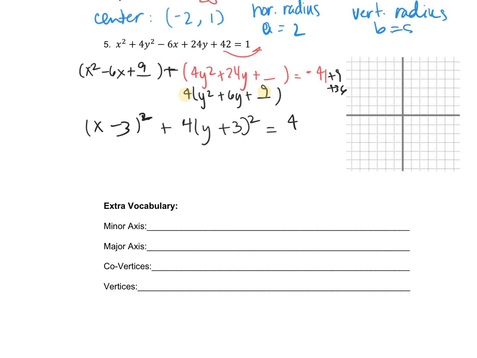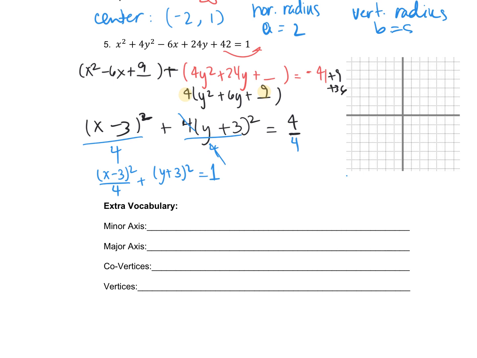So now what we do is this must be 1, the 4 has to go away, so we're going to divide everything by 4. Remember, please divide everything by 4, not just once. So this is reduced already, so x minus 3 quantity squared over 4. These 4 cancel, so I wind up with just y plus 3 quantity squared equals 1.